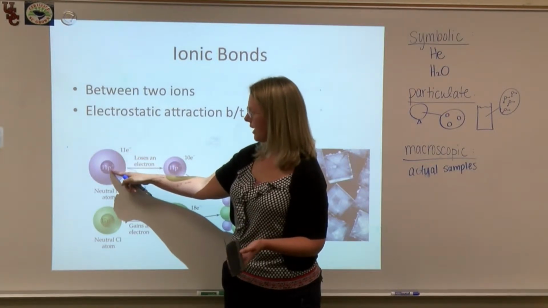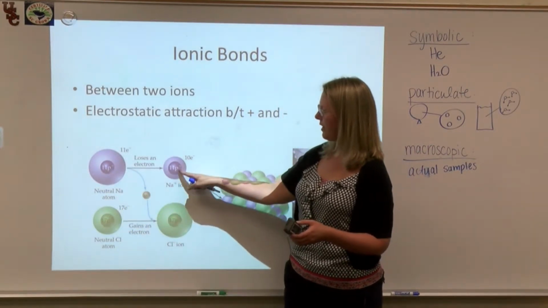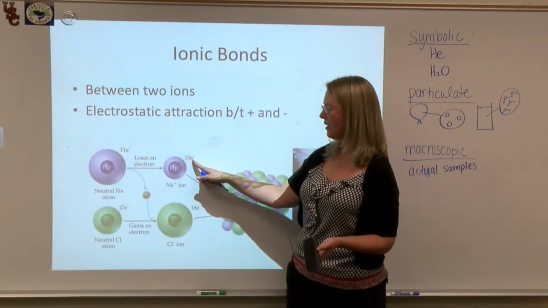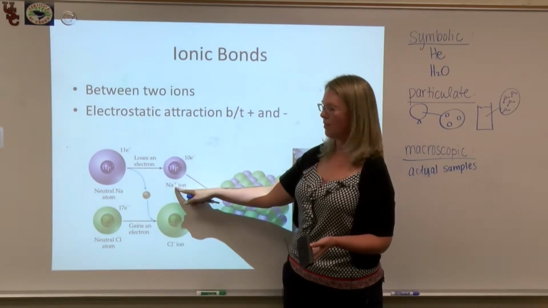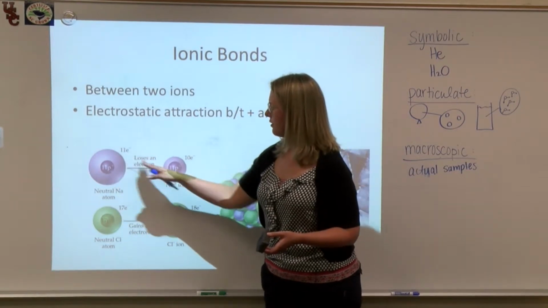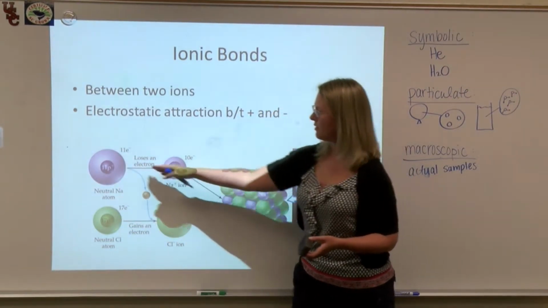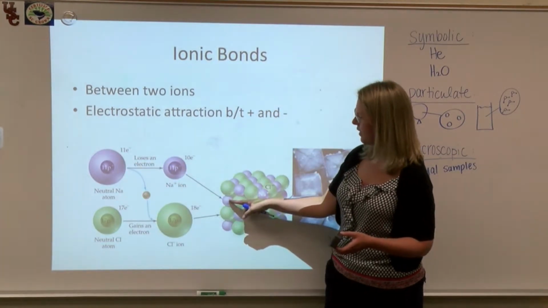They're equal amounts, so it's neutral. Once we lose an electron, we have 11 positives and 10 negatives. You can do some mathematics there. 11 minus 10 is +1. So we get our positive charge.